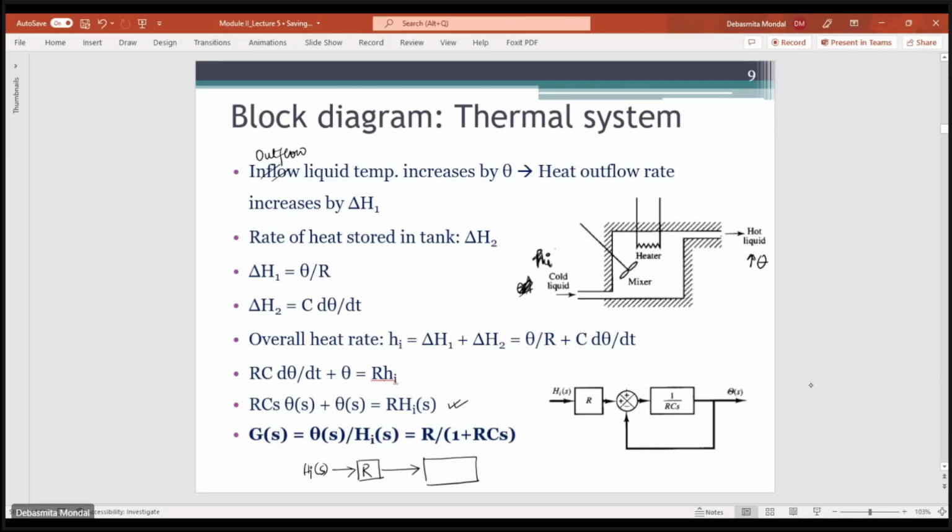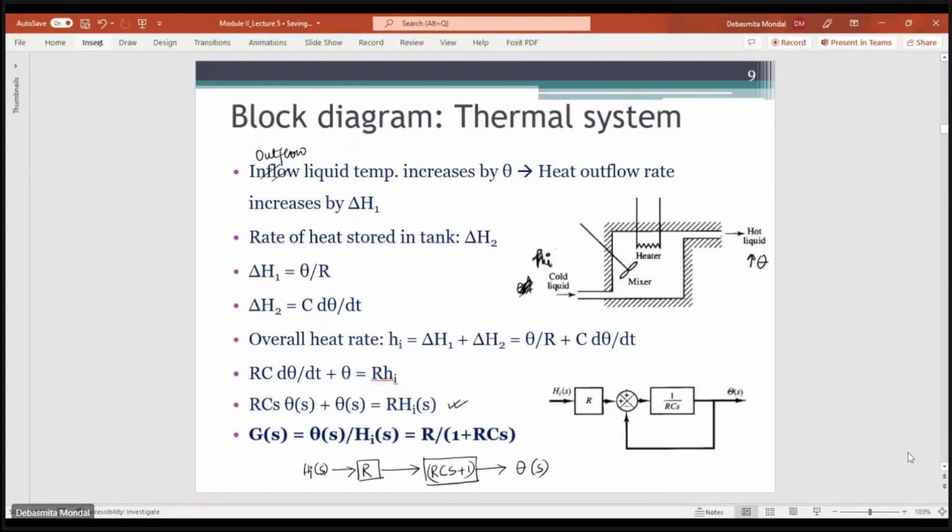Then you have R over here, and let's say you have RCS plus 1 into theta s. So you will have over here that R into HIS will be equal to theta.